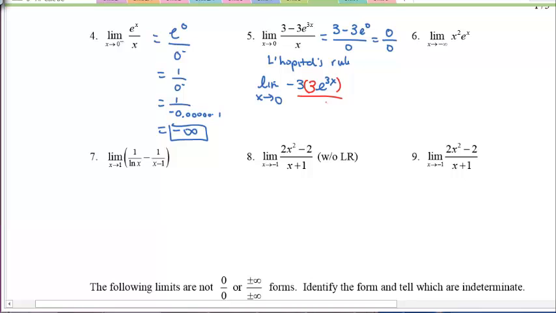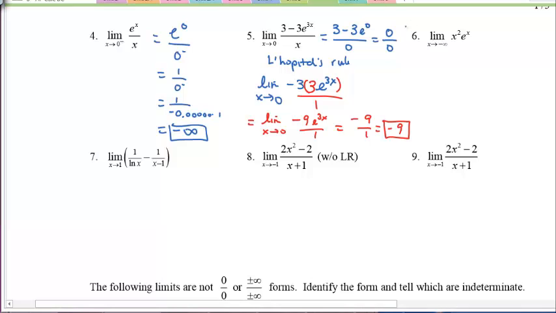And the derivative of x is just 1 in the denominator. So this just becomes the limit as x approaches 0 of negative 9 e to the 3x over 1. Plugging in, that just gives me the answer of negative 9 over 1 or negative 9. So that's the resulting limit.